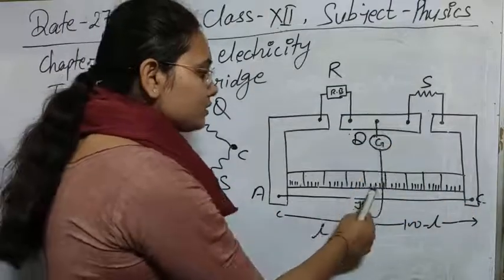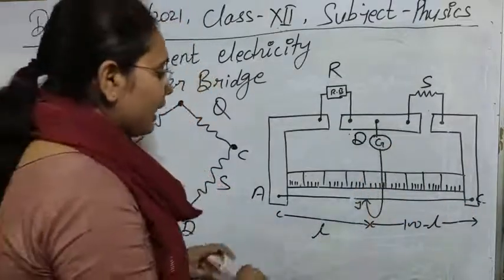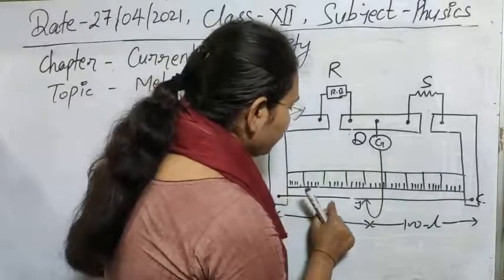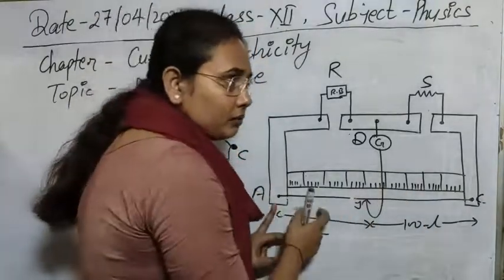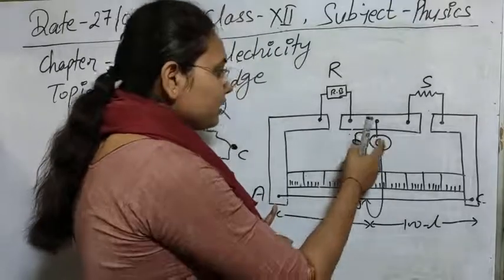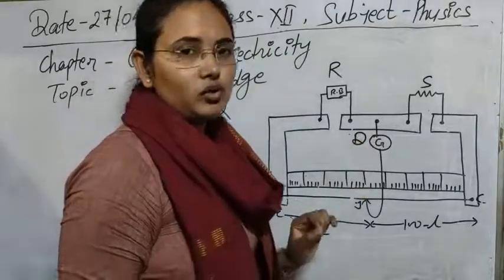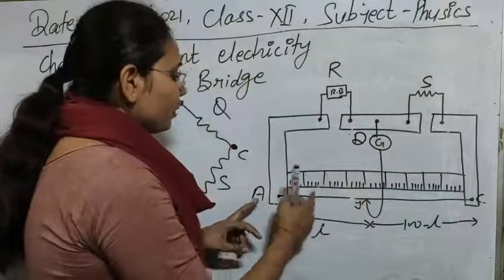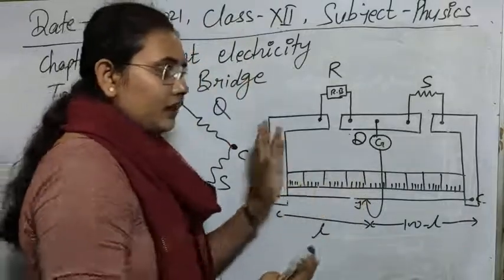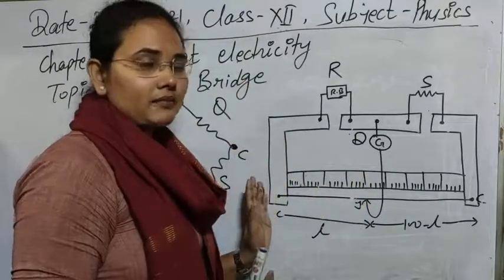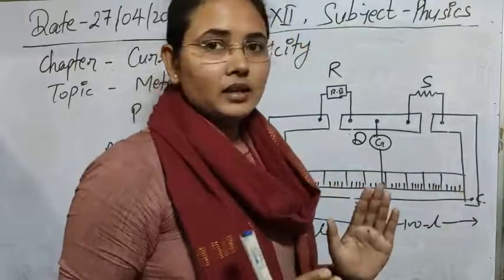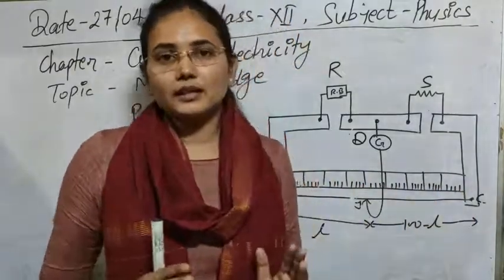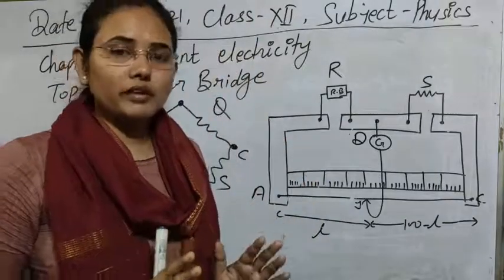Now let's use the jockey and slide it from this end A to C. When you move the jockey from A to C, a deflection in the galvanometer is obtained. If you put the jockey on this side, the deflection in the galvanometer is to the left, and if you put it on this side, it will be to the right. If your circuit is connected correctly, you will always obtain these two things.